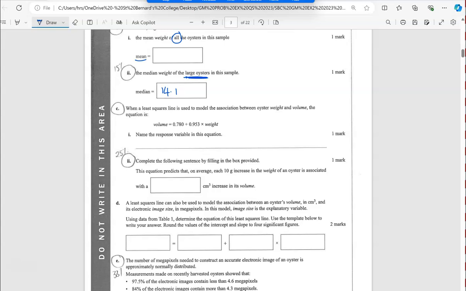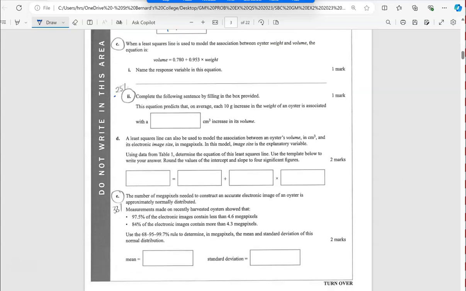Okay, this next question that had trouble was, it says complete the following sentence. So the equation predicts that on average, each 10-gram increase of weight of an oyster is associated with... So you can see we've got the least squares regression line. And this little comment here, it's sounding very much like when we interpret the slope.